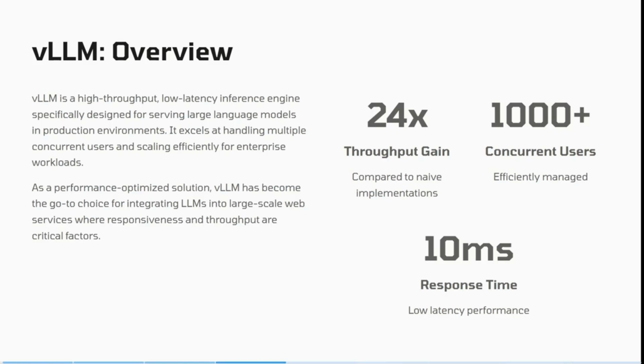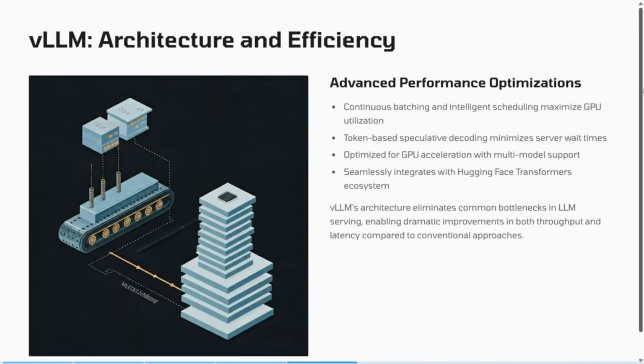So it's become more of the go-to choice for integrating LLMs into large-scale web services, where responsiveness and throughput are more critical factors. You can see over here some of the advanced performance optimizations. You receive continuous batching and intelligent scheduling, which can maximize GPU utilization.